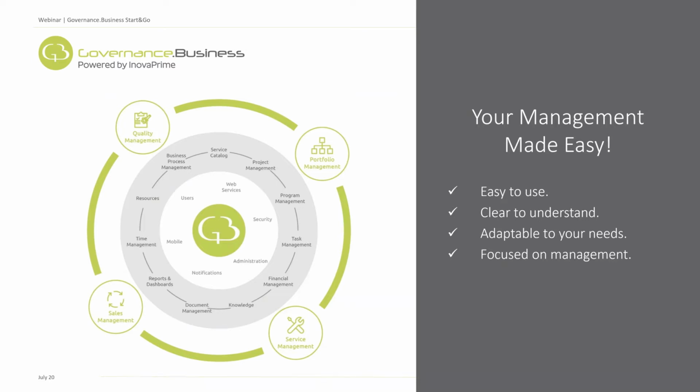On the Governance.Business Start&Go, we are offering a flavor which is completely configured with all the processes that we are showing throughout these webinars, and that allows the organization to easily adopt the solution and use those standard processes in order to generate the most benefits for your organization, which allows you to manage the entire company within the solution, and has different domains of those processes.